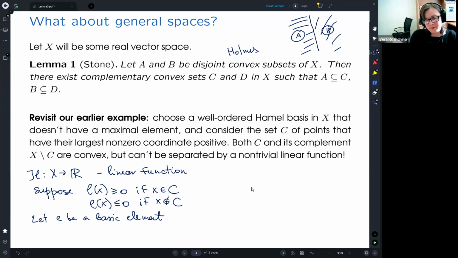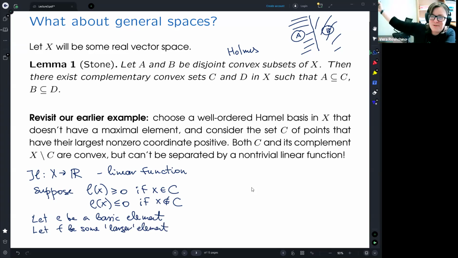So choose another one that is larger. So then let F be some larger. So it's just like a higher coordinate, right? If E was E2, then F would be maybe E3 or E4 and so on.